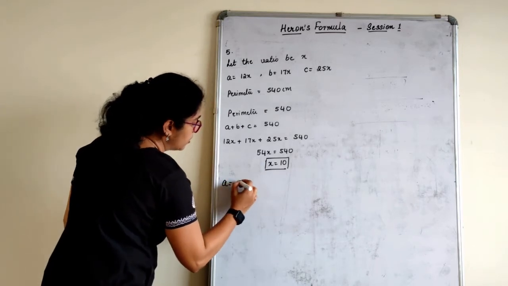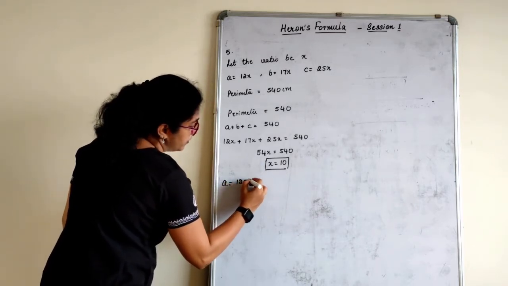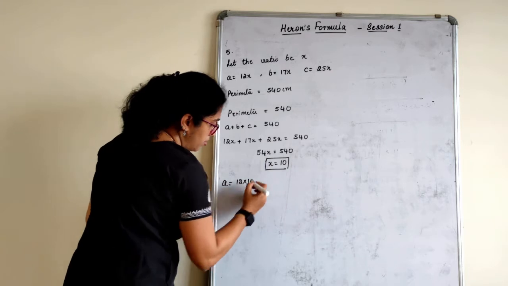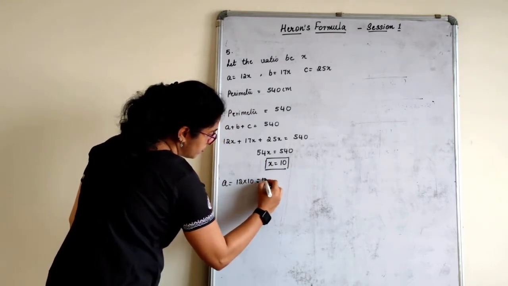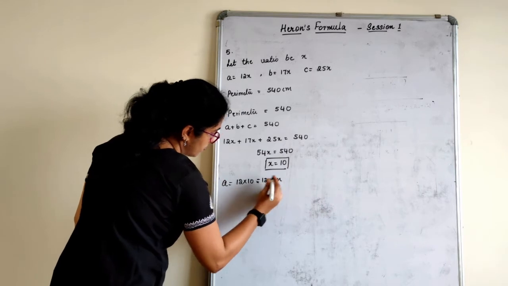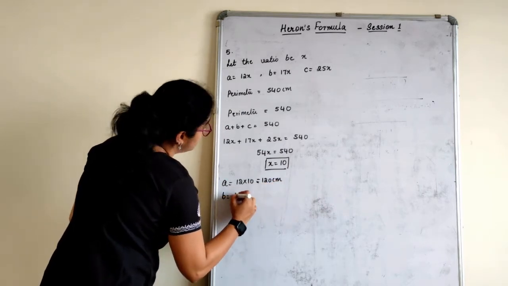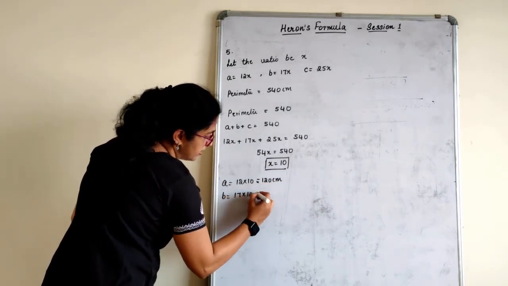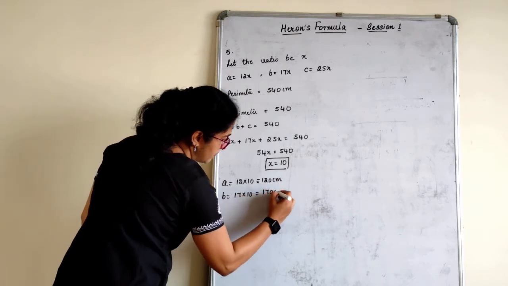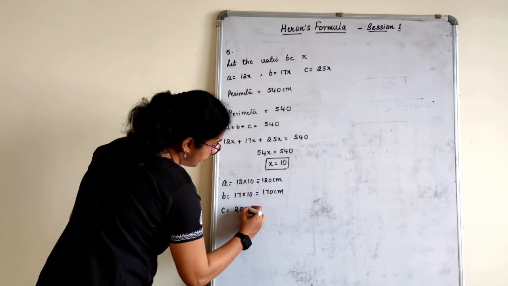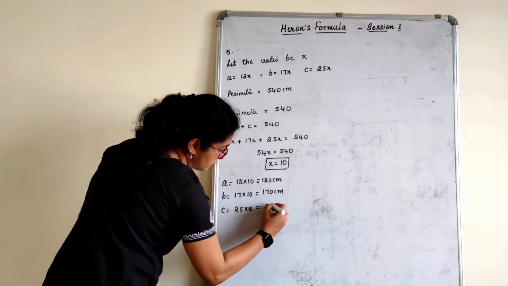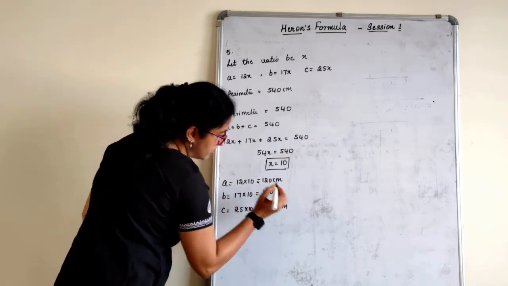Therefore, A is equal to 12 into 10 is equal to 120. B is equal to 17 into 10, that is equal to 170. And C is equal to 25 into 10, that is equal to 250 centimeter.